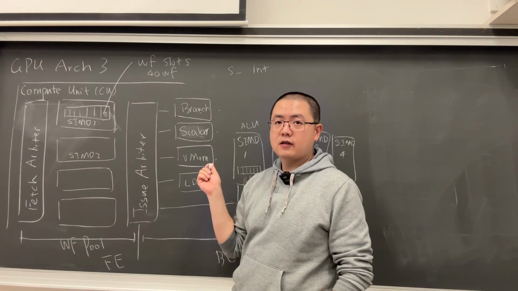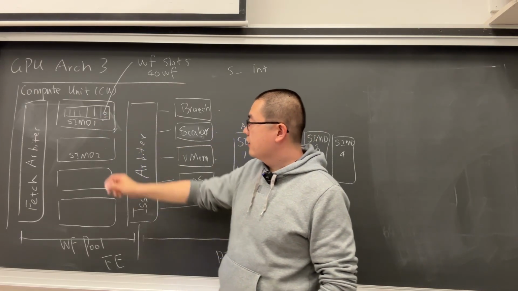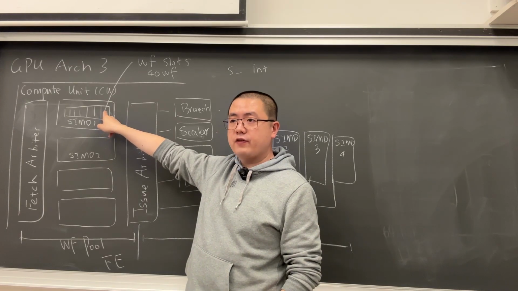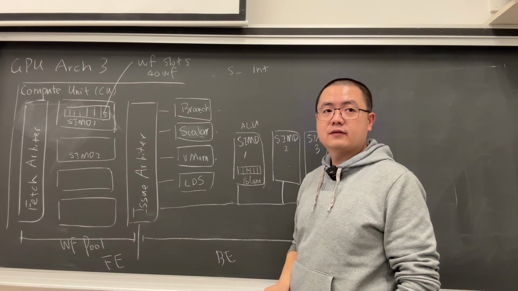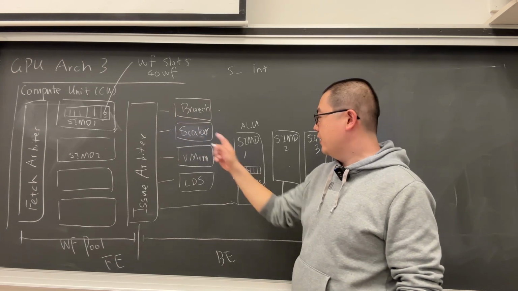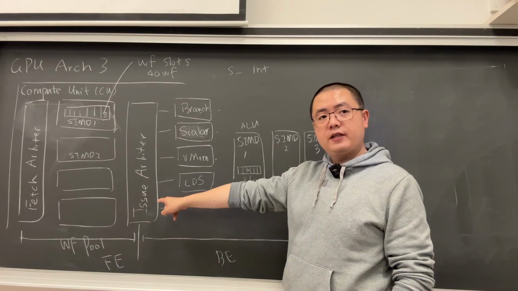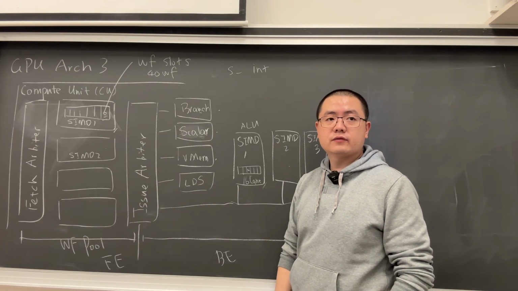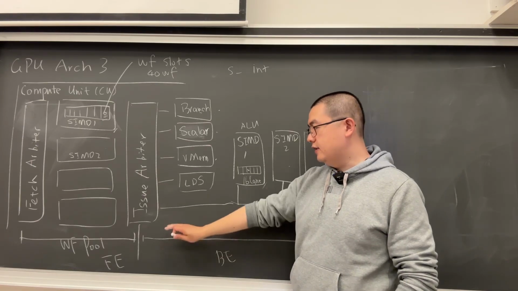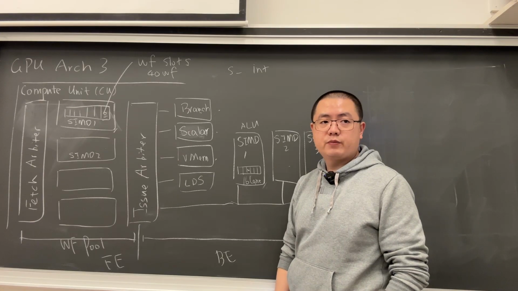Let me say again. If that wavefront has 1 instruction that is currently in the pipeline, the issue arbiter will never issue another instruction from there. At least this is how the classic AMD GPU works.